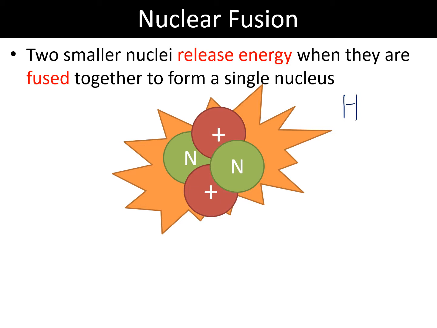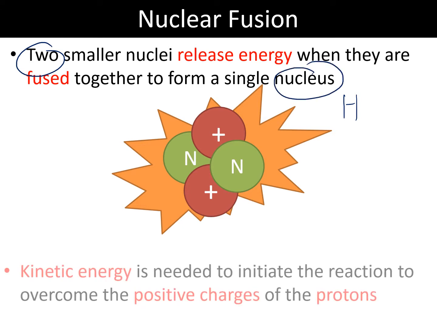In this case, this is a very simplified reaction because we've got 4 different particles here. We've added 2 neutrons, and we'll see why that is in a minute. But the essential basics of fusion are that we've got 2 small nuclei, and they're fused together to make a single nucleus.